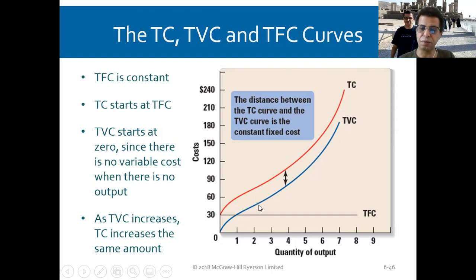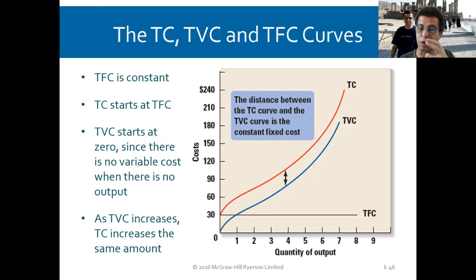You add this, here is equal, but this area plus this area will give us what? A total cost. So the distance between the total cost curve and the total variable cost curve is the constant fixed cost.